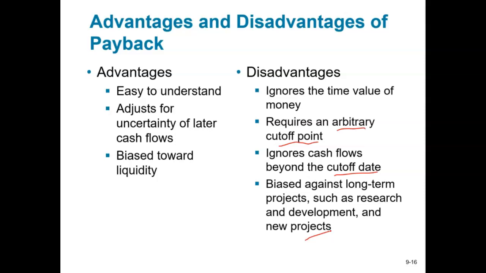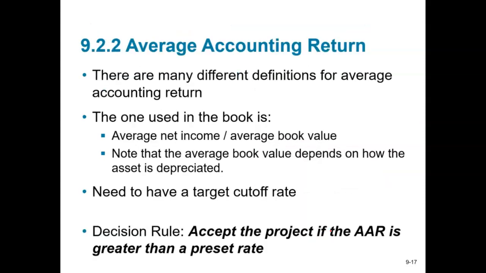Now let's talk about another traditional technique. We call it the average accounting return. In fact, it's a bookish one, and you can say that if payback period is the bad technique, then average accounting rate of return is the worst technique. So there are many different definitions for average accounting return.